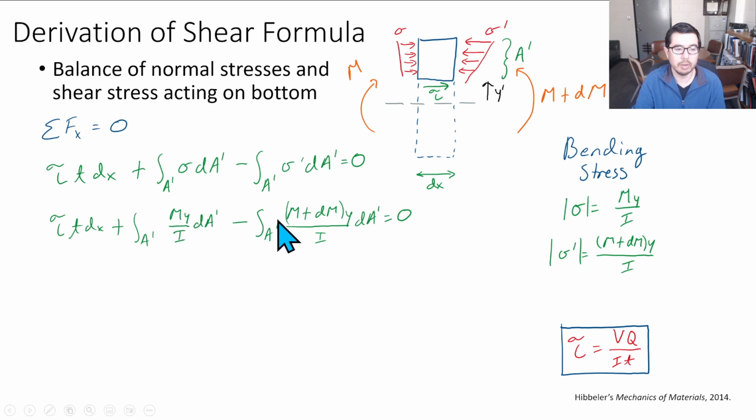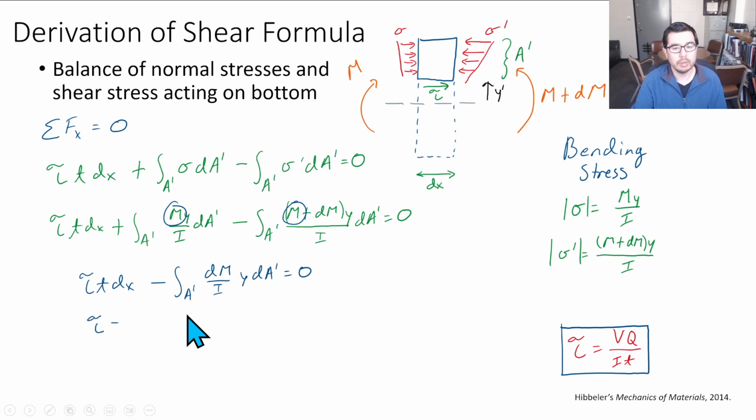We have an M over here and an M over here. They're integrals over the same region with respect to the same dA prime. So we can subtract them and are left with just a dM over I, y dA prime in the integral.